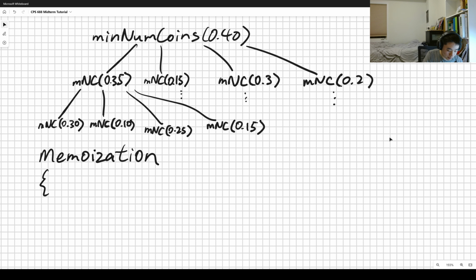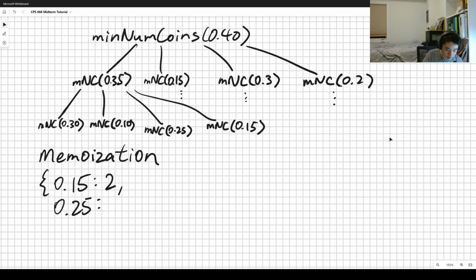For example, the memo at 15 cents: what do we have? For 15 cents you can just make it with 2 coins, for example, and then you can refer to this first.